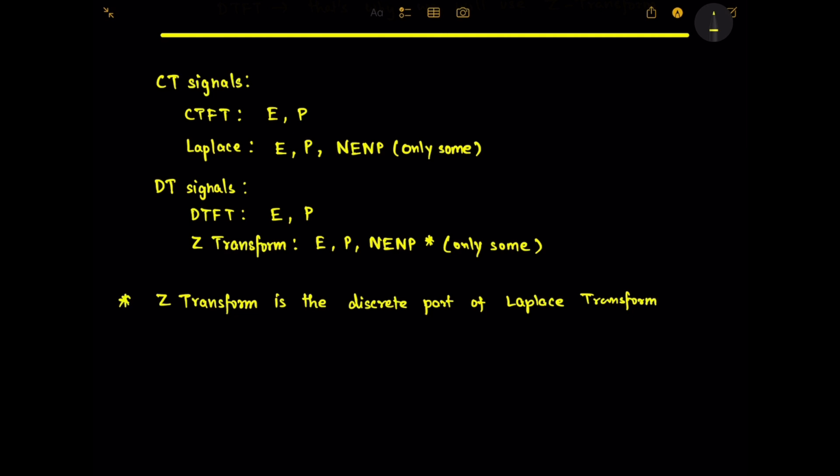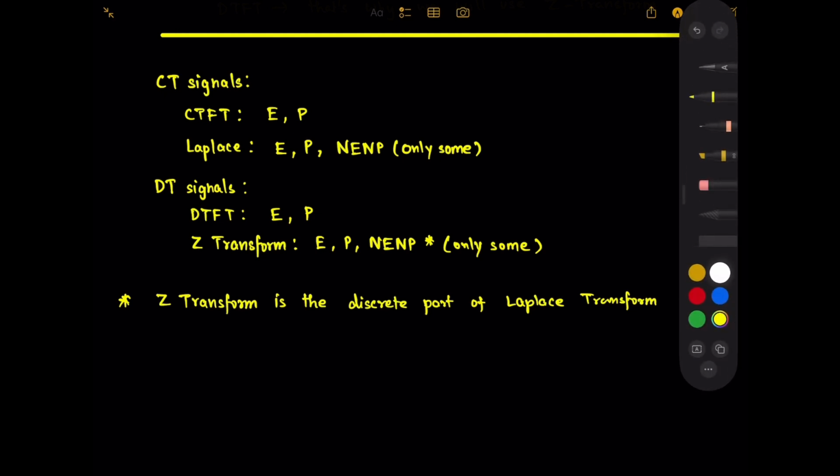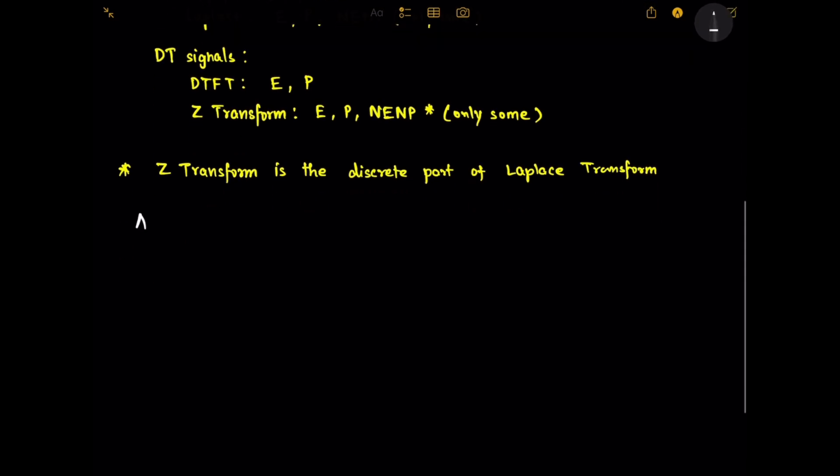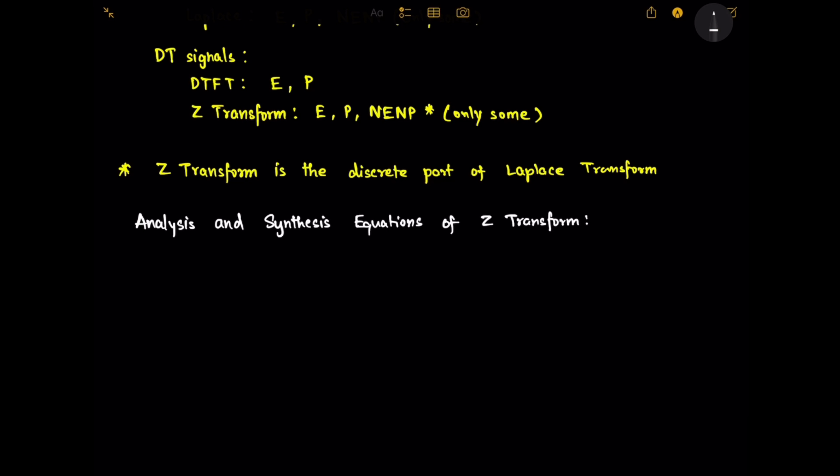So this was the introduction to Z transform and Laplace transform. Now we will look at the analysis and synthesis equations of Z transform. Similarly, as we have seen in Laplace transform, let x of n be the discrete time signal.